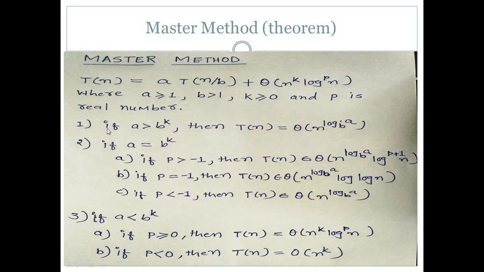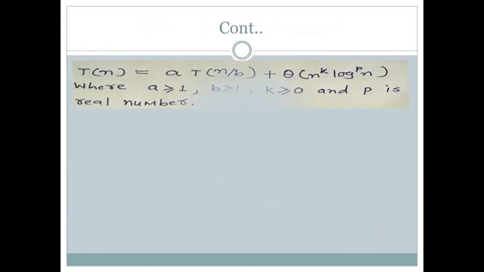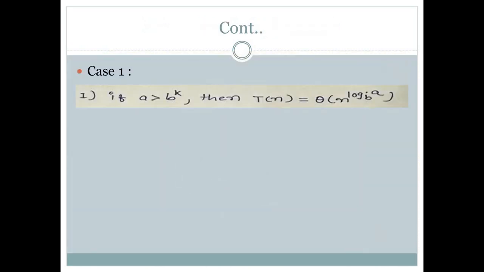So for solving this equation we have three different cases. If a is greater than b raised to k, our answer will be n raised to log a at the base b.